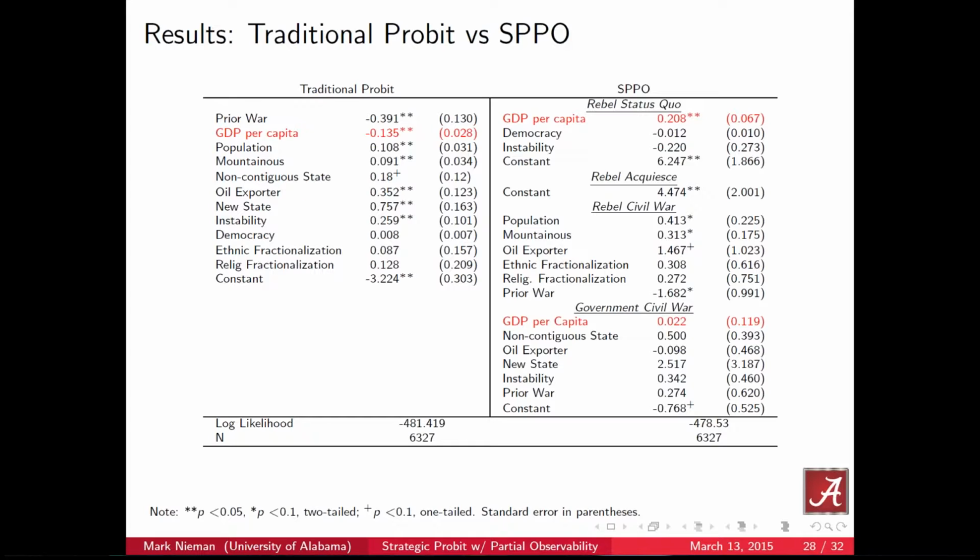So we see some evidence for this opportunity cost argument that Fearon and Laitin noted could be coming from the GDP per capita variable. In the government civil war equation, however, we see that GDP per capita is statistically insignificant, and this would indicate that this deterrence argument has less support, or we at least don't find any support for it in this case.